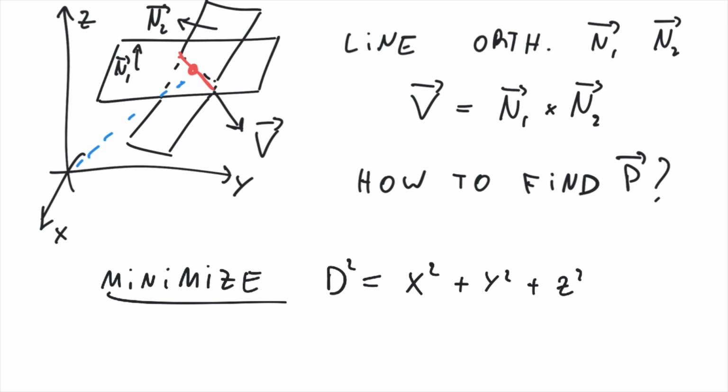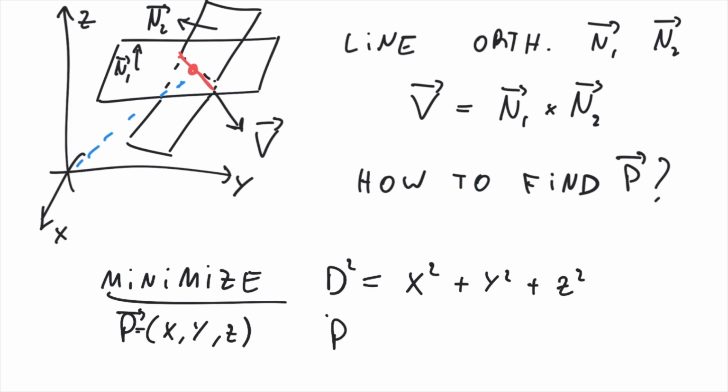This is the distance from the point x, y, z to the origin under some constraints. So the constraints are: the point x, y, z needs to be on both planes because it's on the intersecting line.